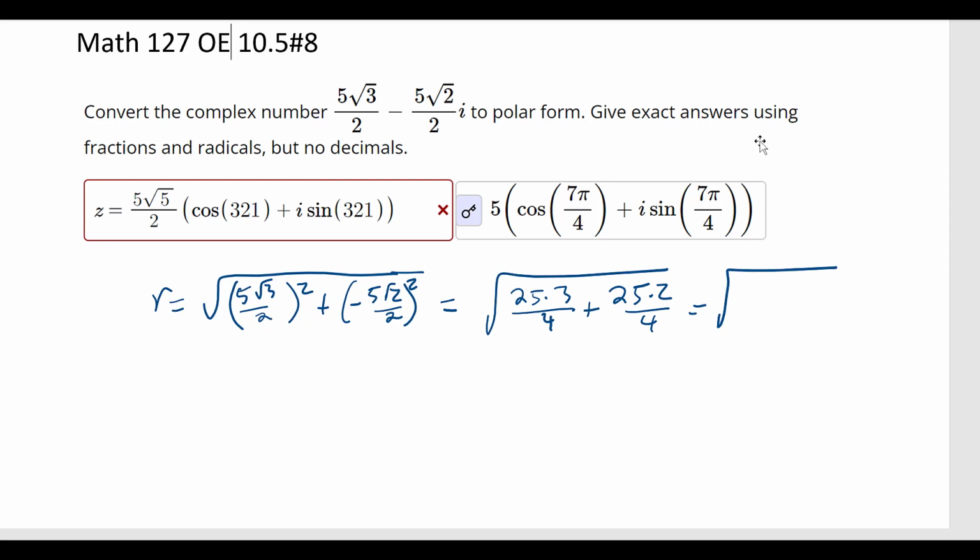So we have the square root of 25 times 3 plus 25 times 2. So that's 75 fourths plus 50 fourths. So we have the square root of, what is that, 125 over 4.